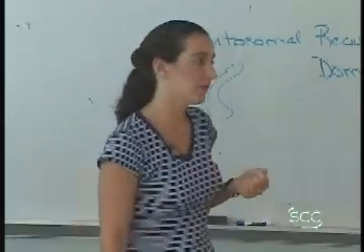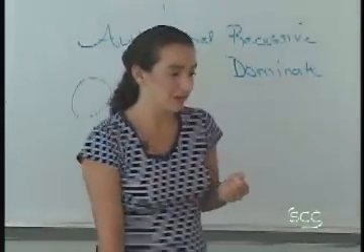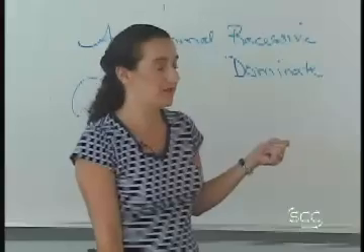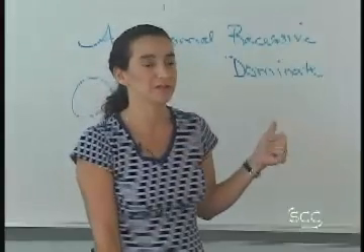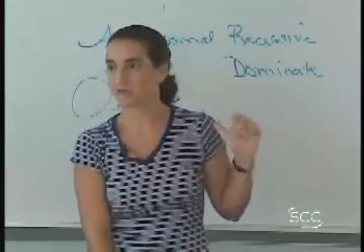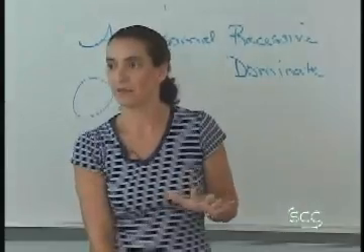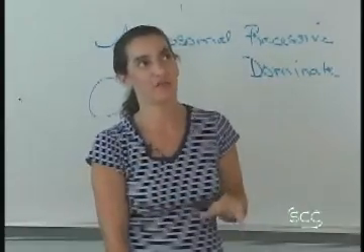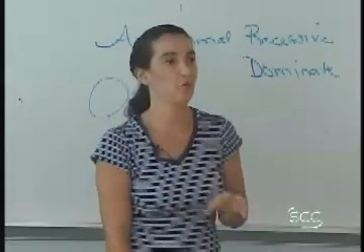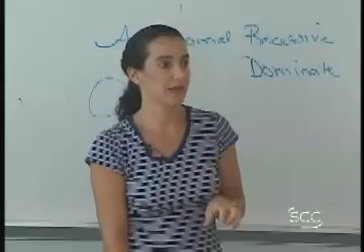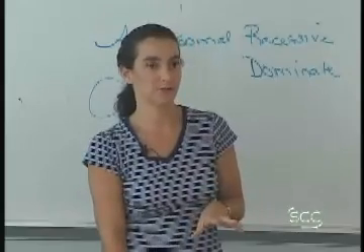One of the types of autosomal dominant forms of inheritance is one that strikes later on in life, in the 40s, in the 50s, and it's known as Huntington's disease.